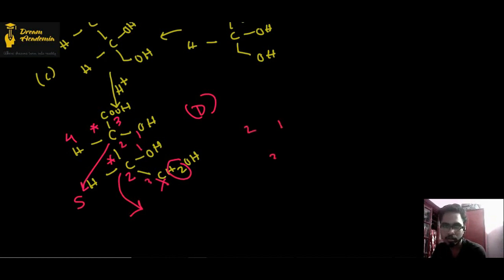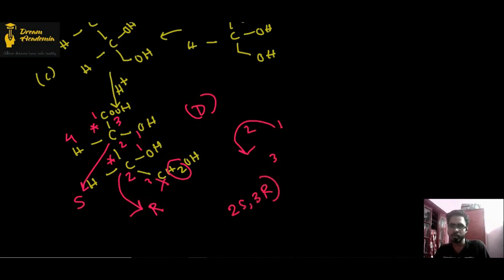So this becomes anti-clockwise. But again, same case, this will become R because hydrogen is not in position. So if I tell you to write the configuration, you will be provided options, but I am not giving options here. So the correct option that becomes is 2S, 3R. The option that has this one, you will take that option.